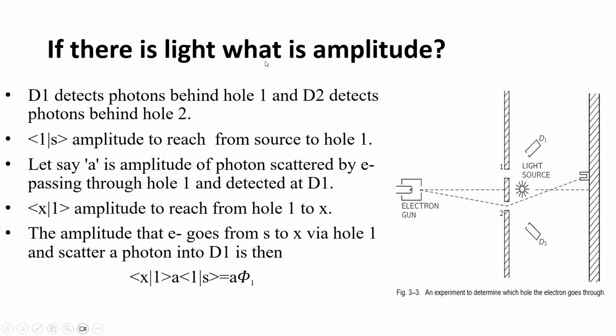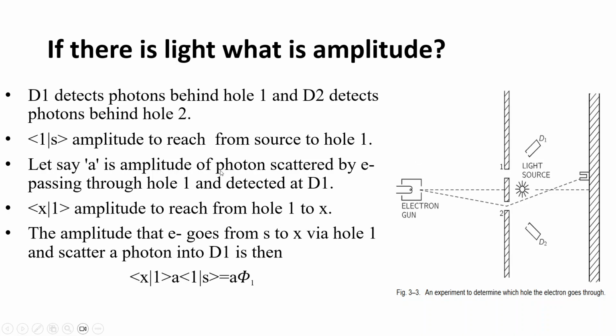Okay, if there is light, what is the amplitude? D1 detects photons behind hole 1 and D2 detects photons behind hole 2. This is the modified version. So D1 and D2 are now detecting the photons which are emitted by this light source. So 1s is the amplitude to reach from source to hole 1, in this Dirac notation. From source to 1, up to here we get the amplitude.